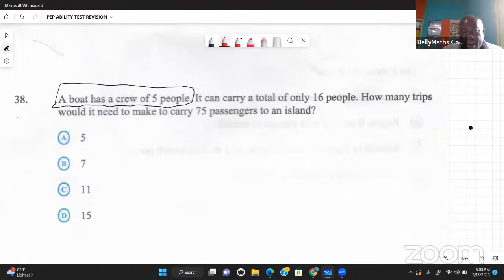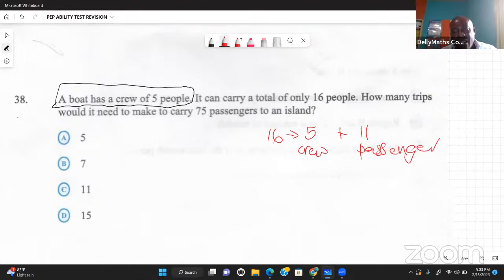This 16, to my knowledge, would have included the crew members. So technically, you're going to have to dissect the 16. This 16 would be 5 from the crew, because they have to be on it, plus 11 passengers at a time.